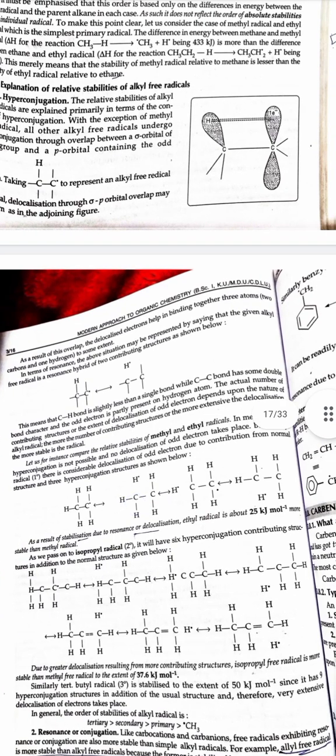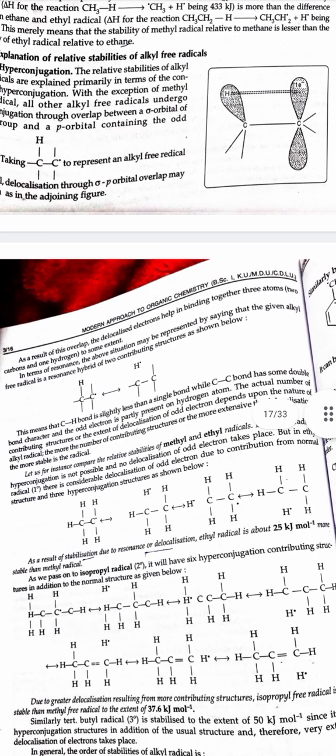In general, delocalization through sigma pi orbital overlap may be shown as in the adjoining figure. This is the figure. Now, as a result of this overlap, the delocalized electron helps in binding together three atoms, two carbons and one hydrogen, to some extent.